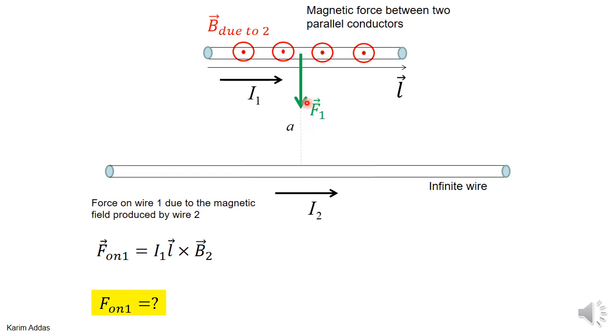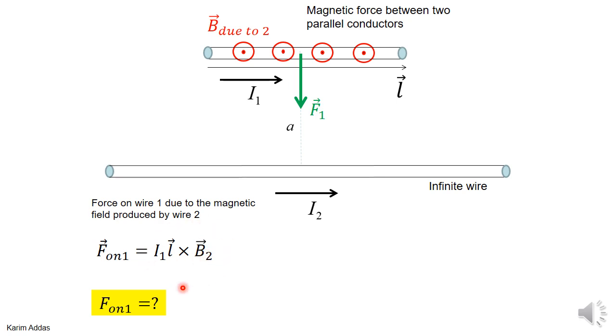That was the direction. What about the magnitude? This is the force as a vector. The force on wire 1, you put the current in wire 1 times L vector of wire 1 crossed into the magnetic field at the location of wire 1. But the magnetic field at the location of wire 1 is due to wire 2. So that's why it's B2.